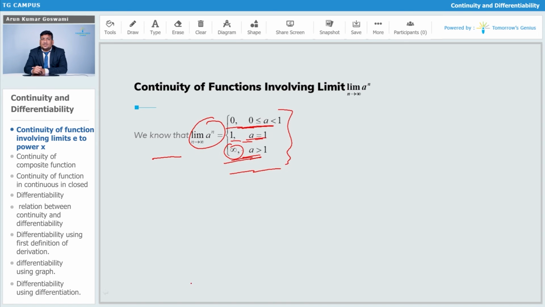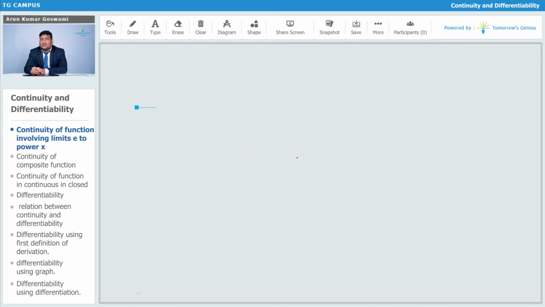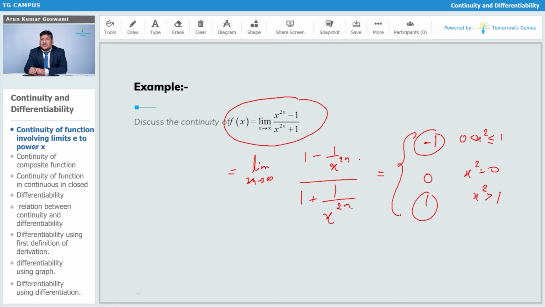Now my function is discontinuous at points other than 0. Same thing here, my function is discontinuous at 1 and -1. So we can say that plus and minus 1 are the discontinuity points.